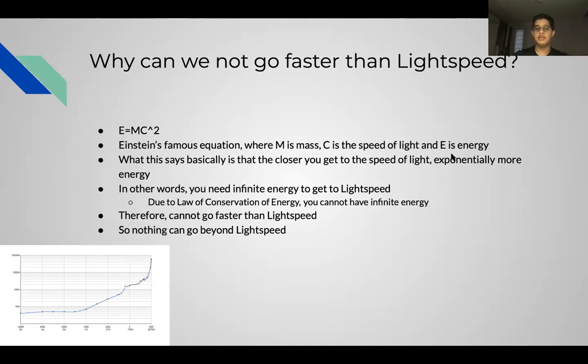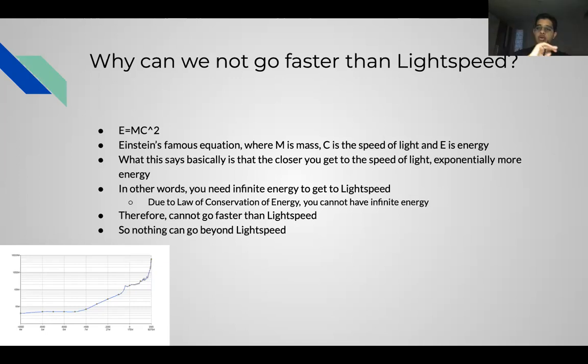variable, but to put it simply, this basically says that the closer you get to the speed of light, you need exponentially more energy. Long story short, you need infinite energy to get to light speed, just to get to it, not even to break light speed.